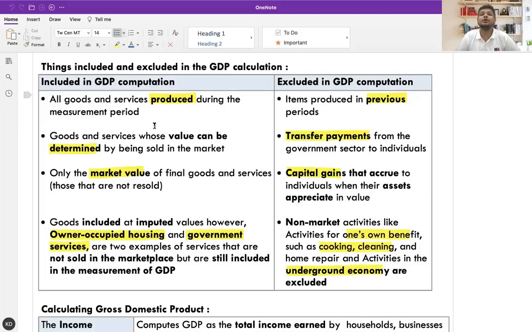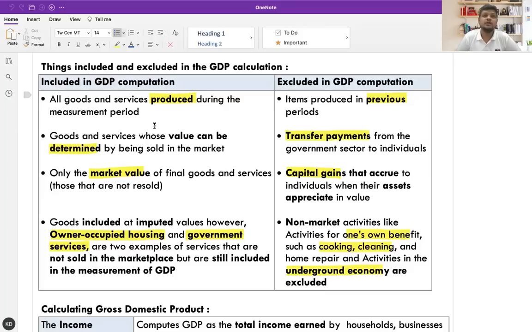For example, people do betting on cricket in India or football. That's illegal activity, or anything that happens illegally, like drug trafficking or human trafficking. All these are illegal activities which are not part of GDP.